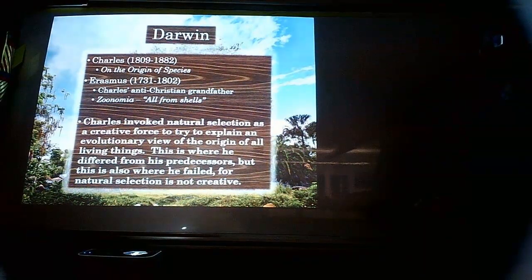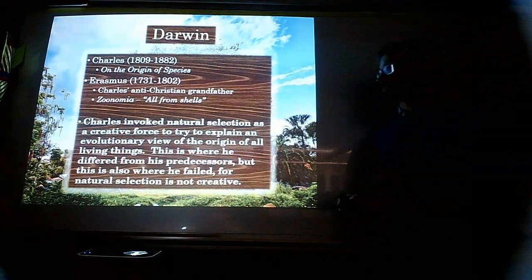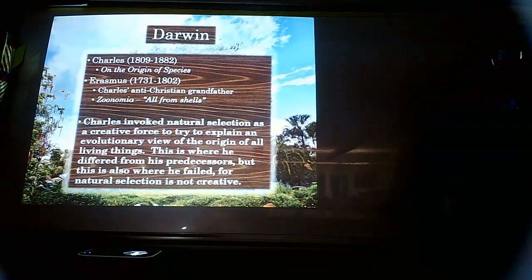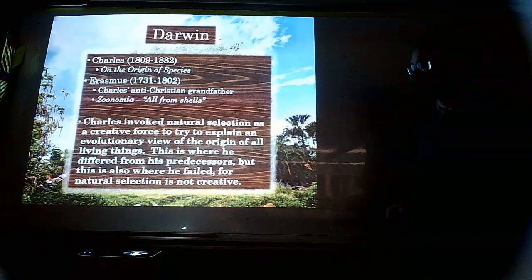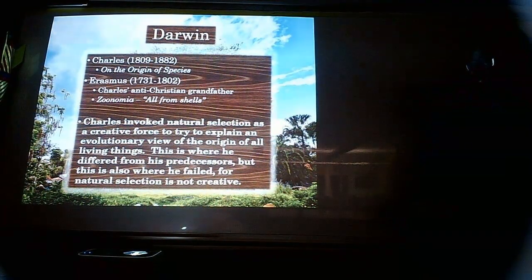Charles Darwin, though, invoked natural selection as a creative force to try and explain an evolutionary view of the origin of all living things. And this is where he differed from his predecessors. But this is also where he failed, because again, natural selection is not creative.